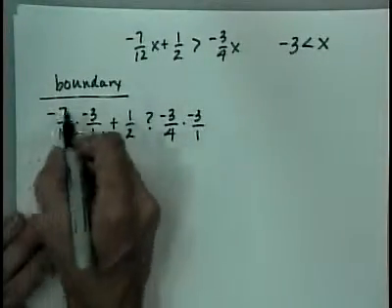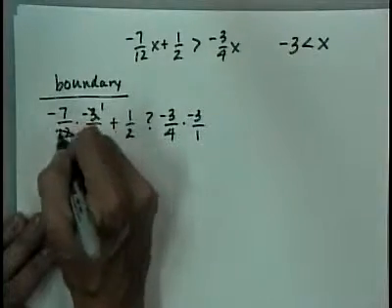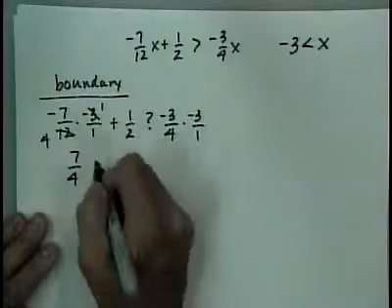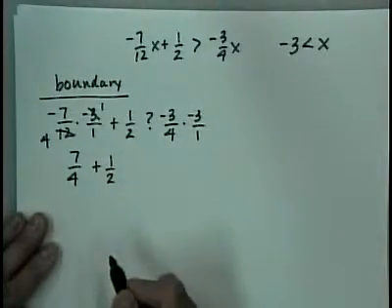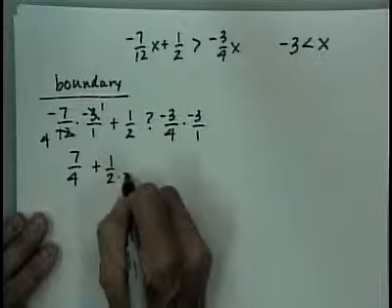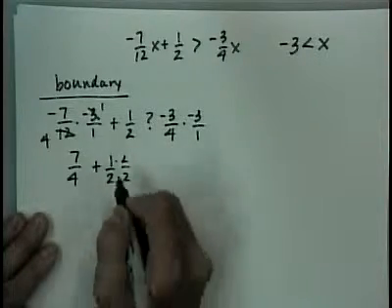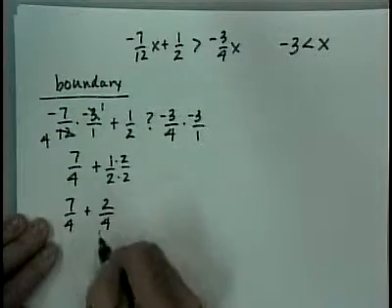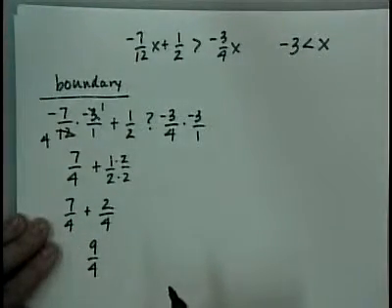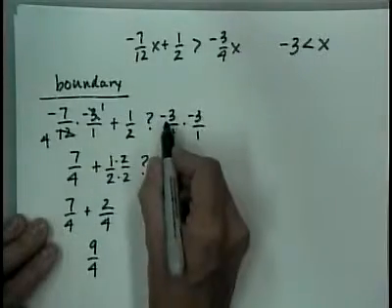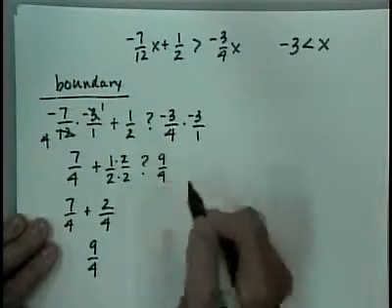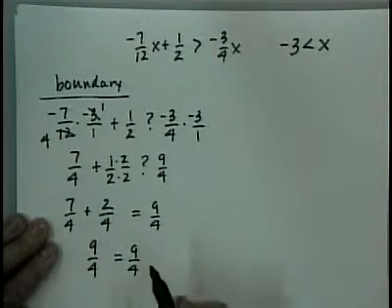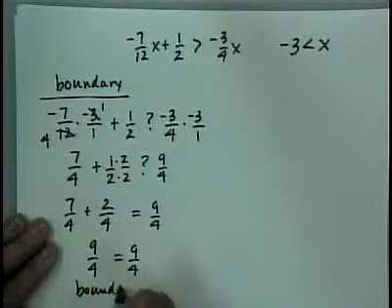Well, back to the left-hand side, I see that a factor of 3 will simplify. -7 times -1 is 7/4 plus 1/2. I need a common denominator, so I'll multiply the second fraction by 2/2. So I have 7/4 plus 2/4, which is 9/4. Well, let's see what we get on the right-hand side. -3 times -3 is 9/4, and so I do have a boundary check.